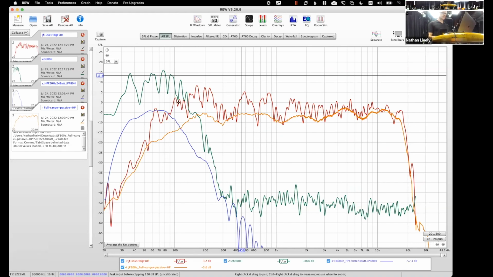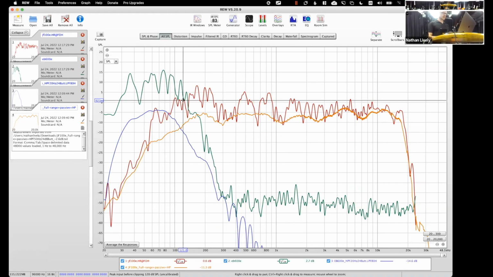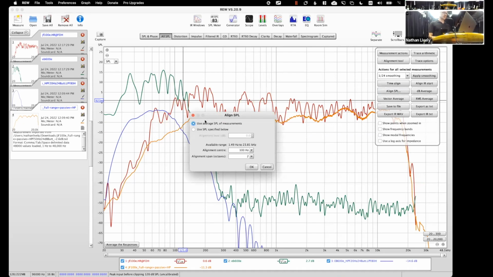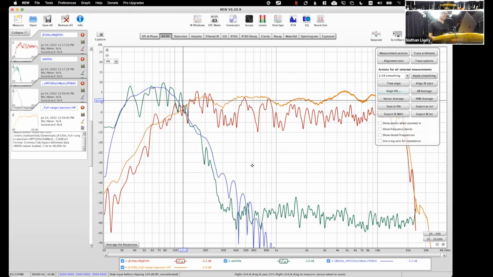And let's make everything match at around 120 Hertz. So align SPL. Sure, 0 sign, 125. Okay.